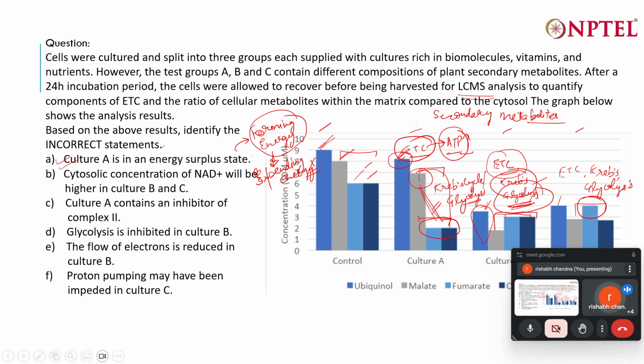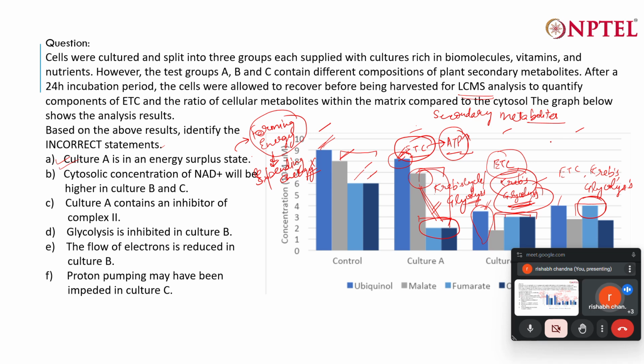Now, cytosolic concentration of NAD plus will be higher in culture B and C. Okay, so in this case, culture B and C are showing low levels of Krebs cycle, glycolysis, and ETC. Both the cases.